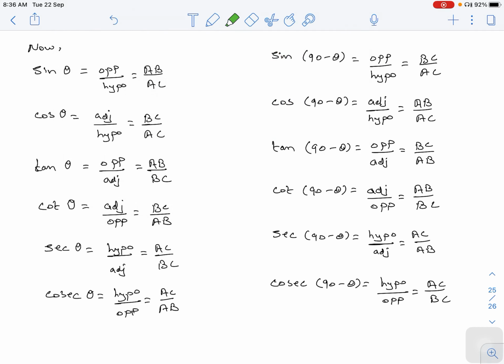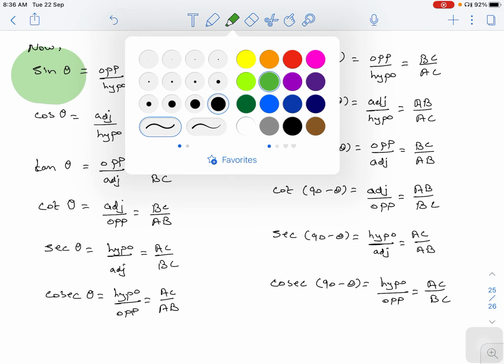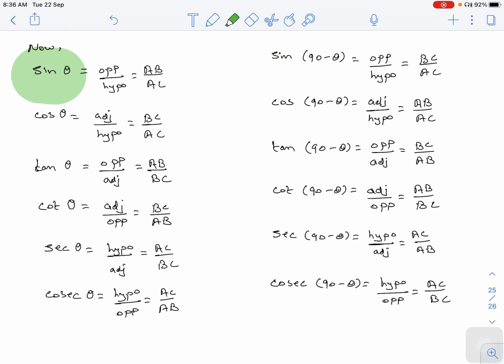We will just highlight this one, okay? So sine theta and cos 90 minus theta, they both have the same ratios, that is AB upon AC.